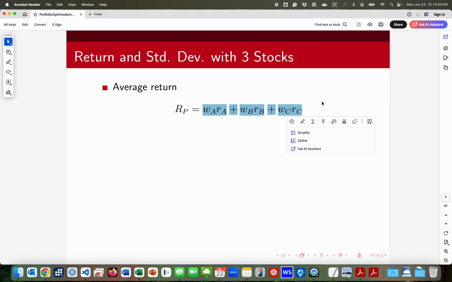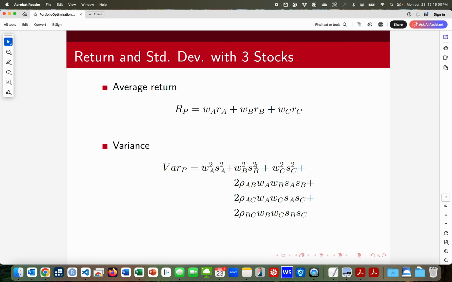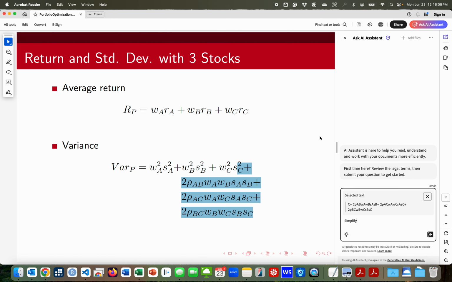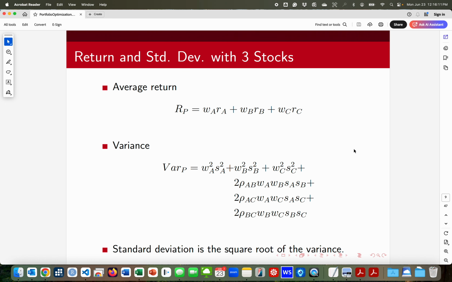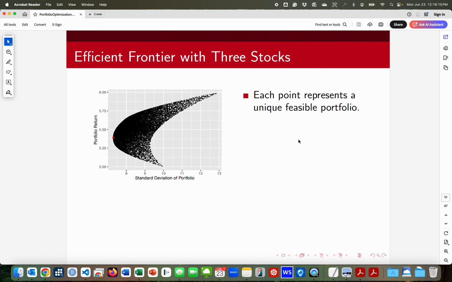So we still find the return the same way. The average, the weight times the return, weight times the return, weight times the return. The variance, same formula that we had before. We have the weight squared times variances. And then we have plus all these covariance terms right here. And then we take the square root of that to get your standard deviation.